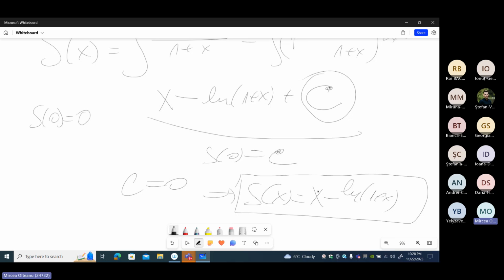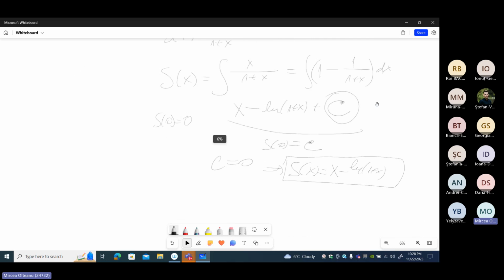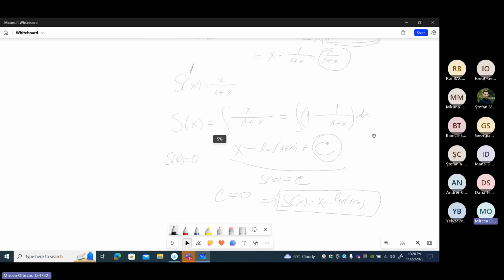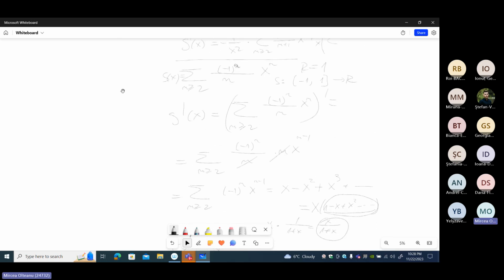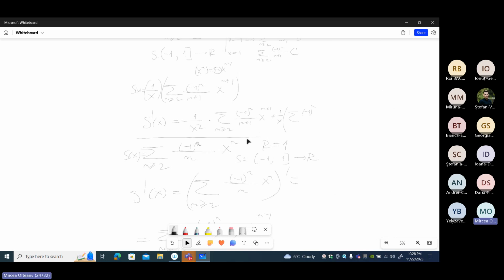Okay. And now if we go back to the first exercise, but I think for the partial exam this is enough. Here you need to simplify by x, to divide by x.